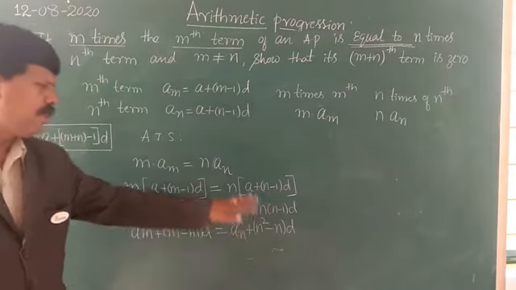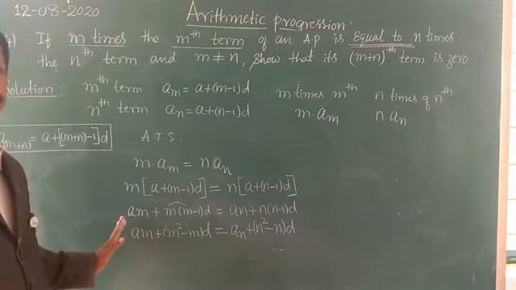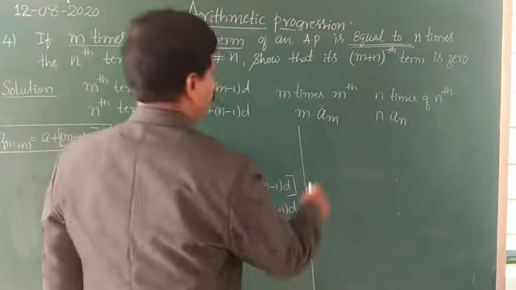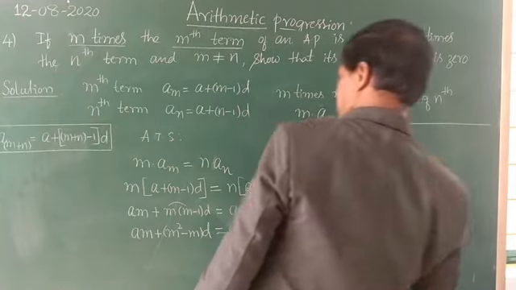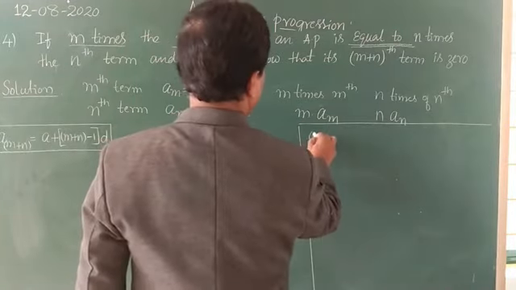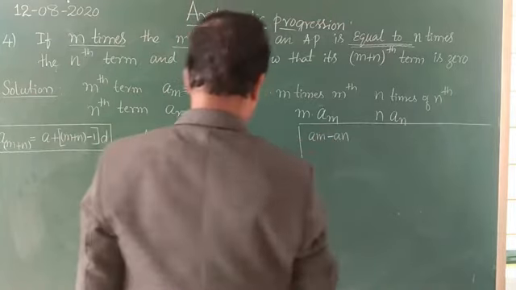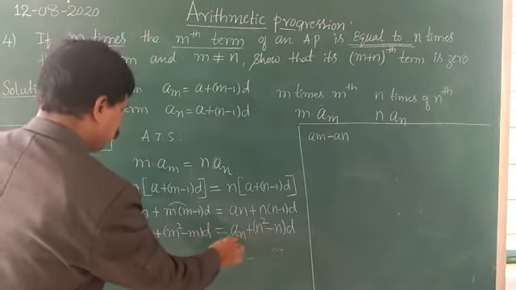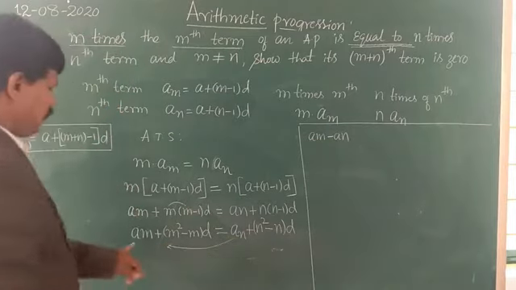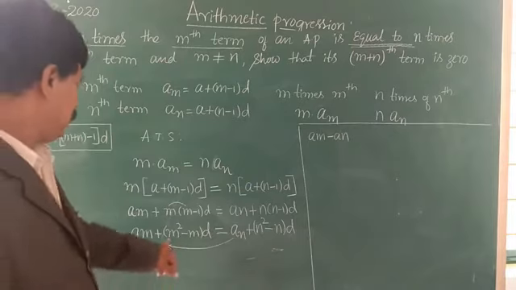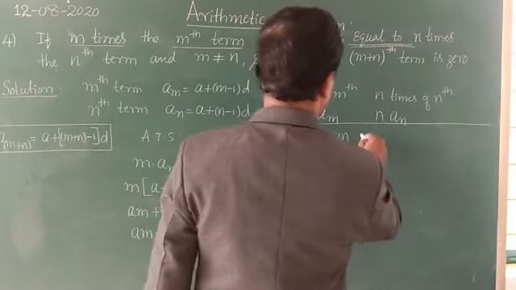Now shift everything to the left hand side. Then am minus an. So I shifted this to this side. Am is already there, next you write down am. Then what is there here?